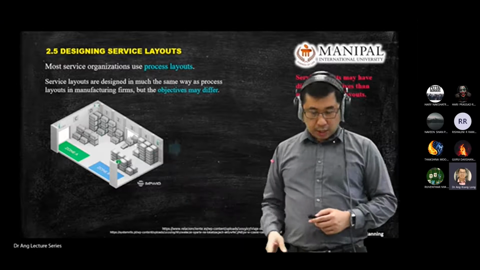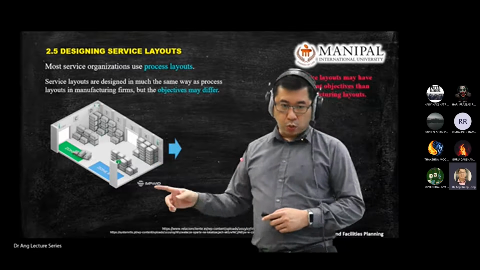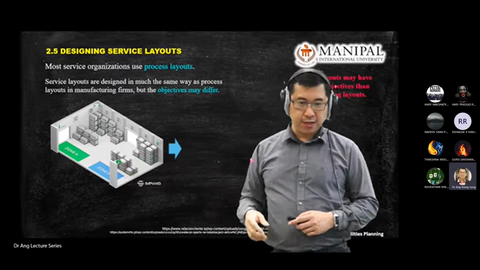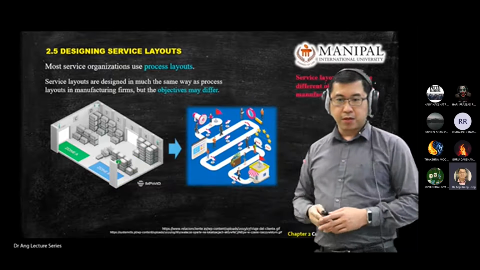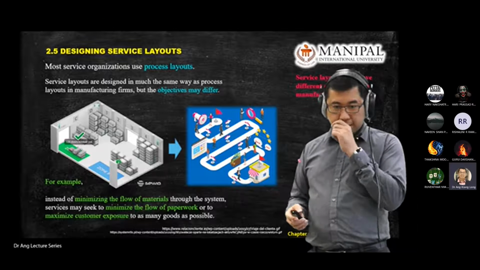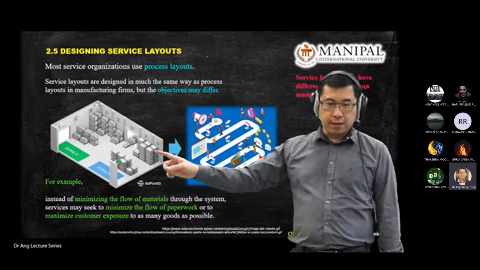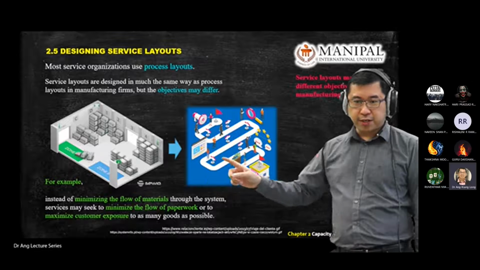So this is the process layout where you go and access the items necessary. However, in the service layout, you can see the change of the setup here.